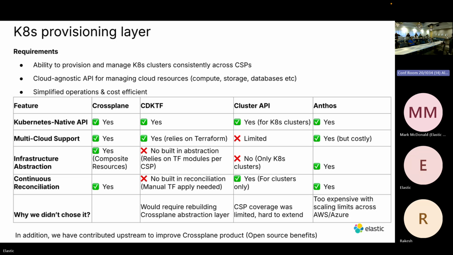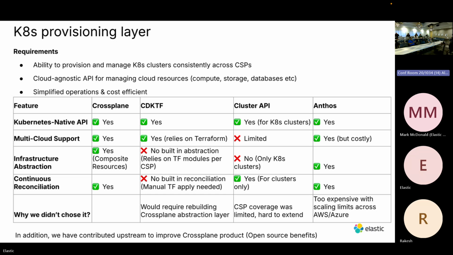Rather, we wanted to build a platform where any engineering or service team at Elastic hits the API, and the API itself knows which API it needs to hit on AWS, Azure or GCP. So we were looking at a cloud agnostic API platform layer to make our operations really simple, and we wanted to do it cost efficiently, right?